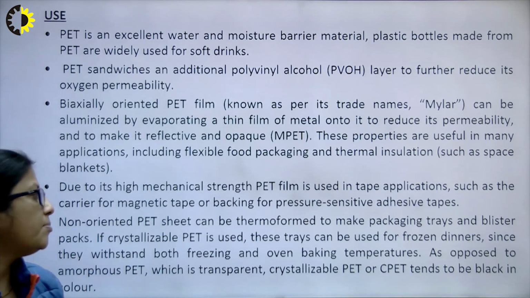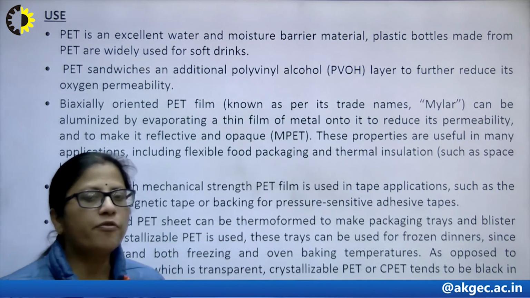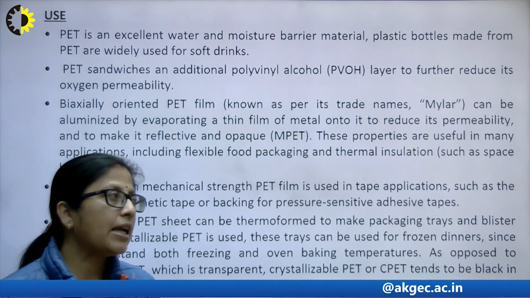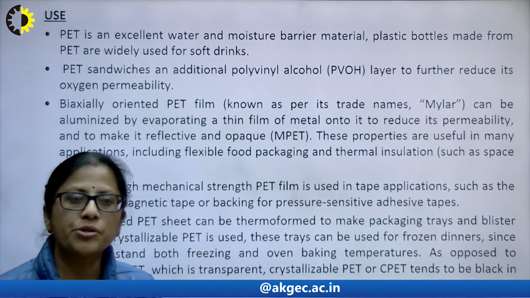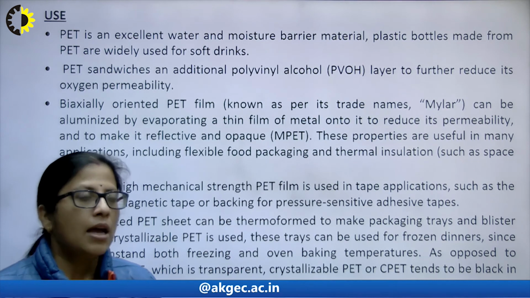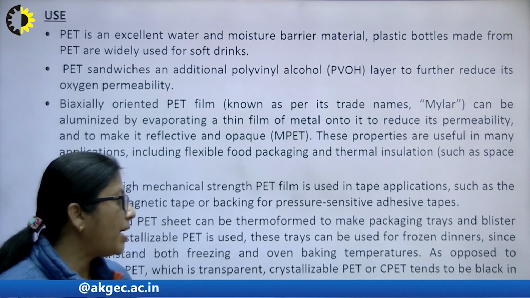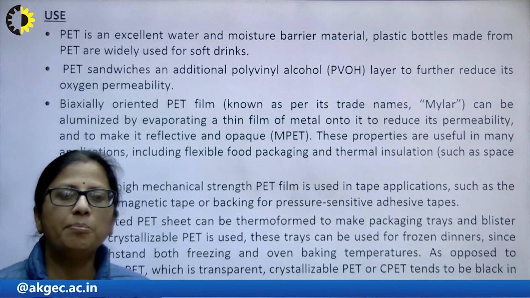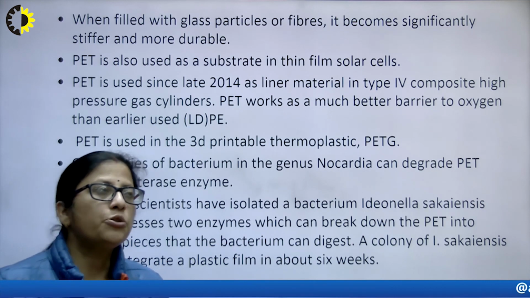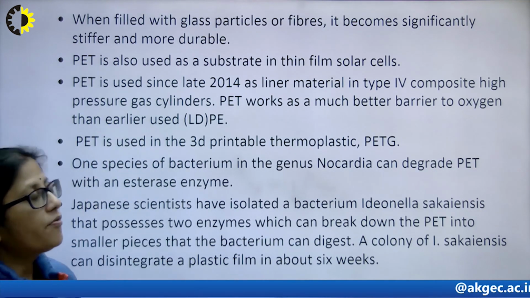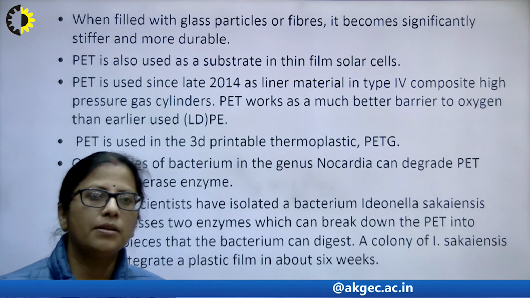If crystallizable PET is used, then these trays can be used for frozen dinners, as they can withstand both freezing and oven baking temperatures. As opposed to the amorphous PET, which is transparent, crystallizable PET or CPET tends to be black in color. And when filled with glass particles or fibers, it becomes significantly stiffer and more durable.